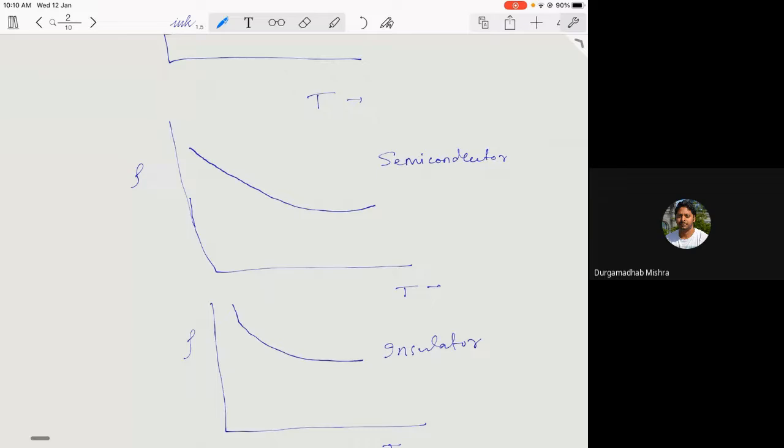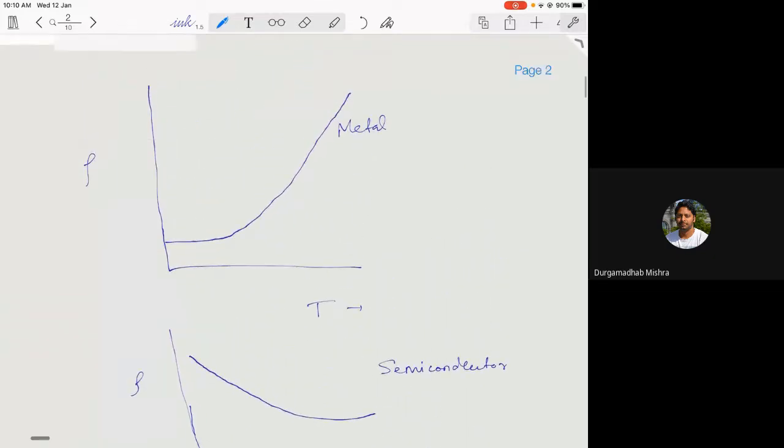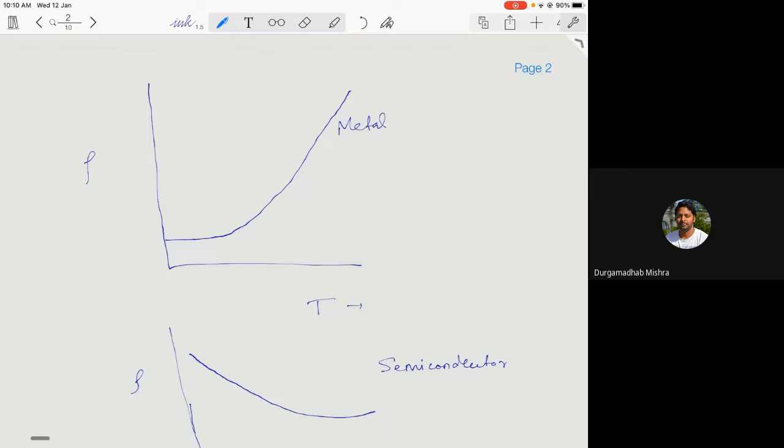There is one interesting material which you might have heard of, but we will not really discuss in this course, but I want you to know about it. There is another kind of material known as superconductors.